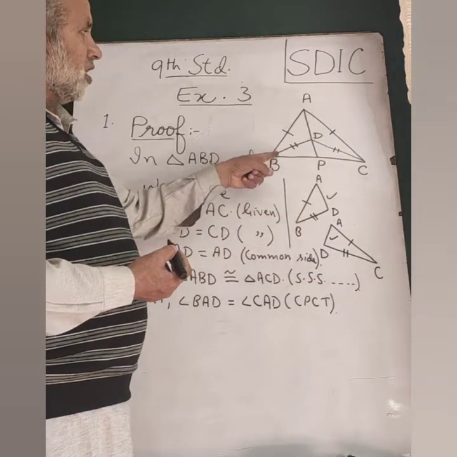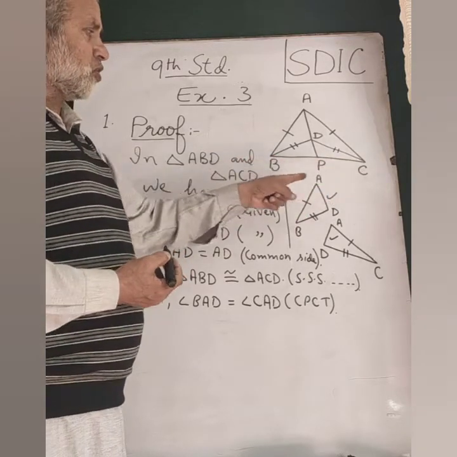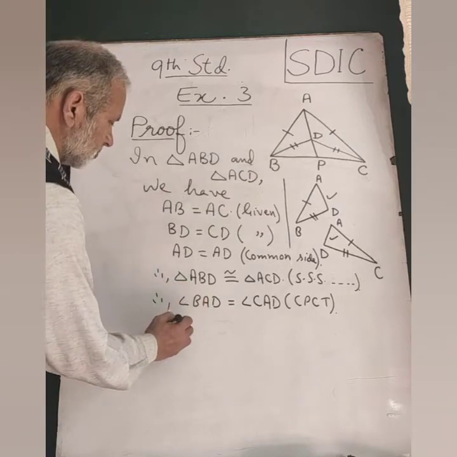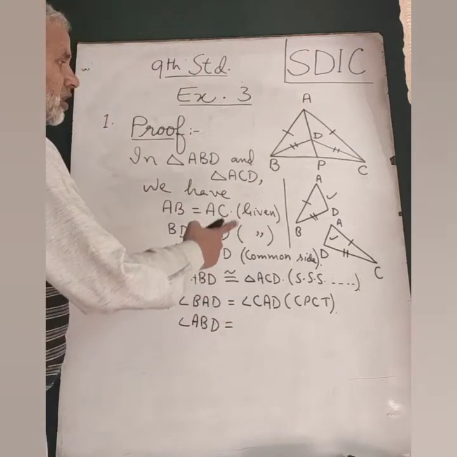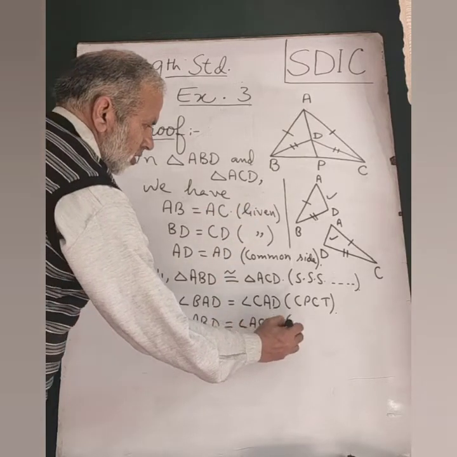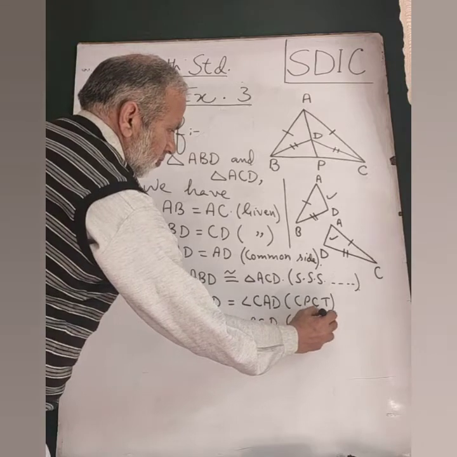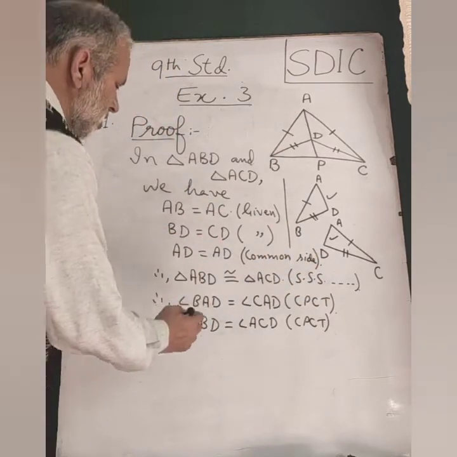Full name will have to be given again, because at B there are many angles formed. At C we have many angles formed. So full name, angle ABD is equal to angle ACD, CPCT. And the third result will be angle ADB.